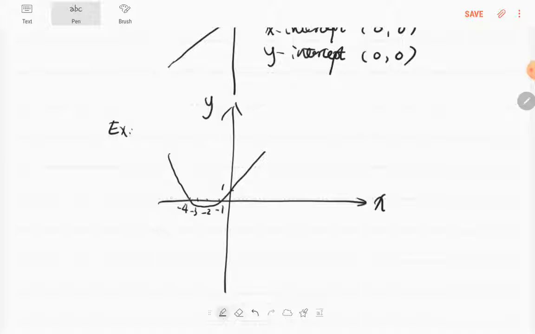Then we realize there are two points on the x-axis, which means we will have two x-intercepts for this one. Let's find the left one first.